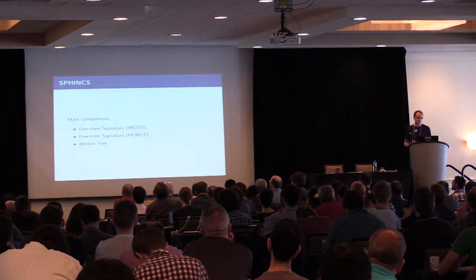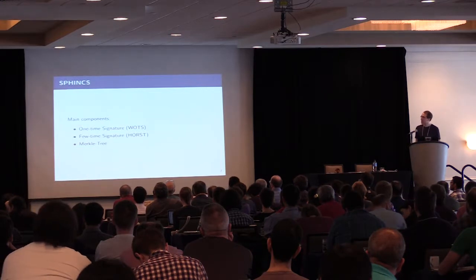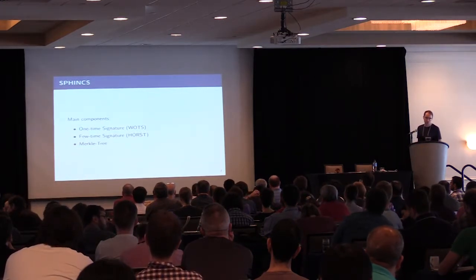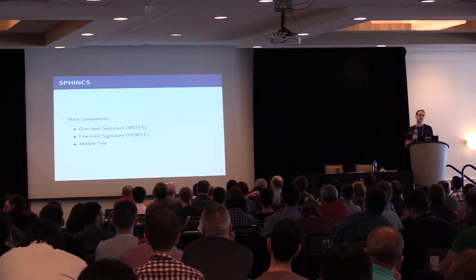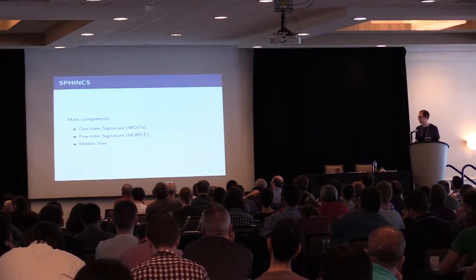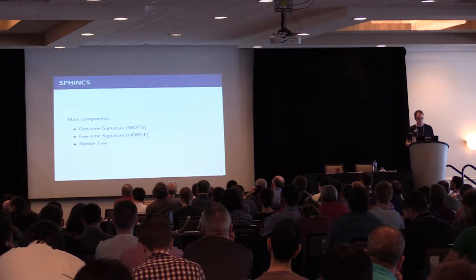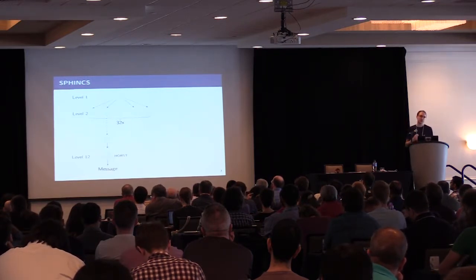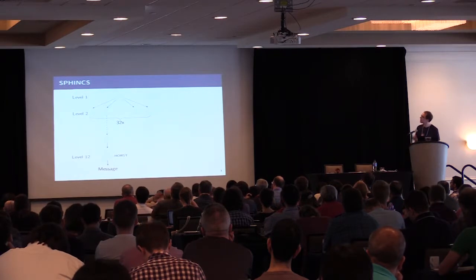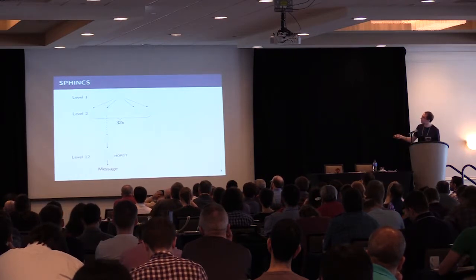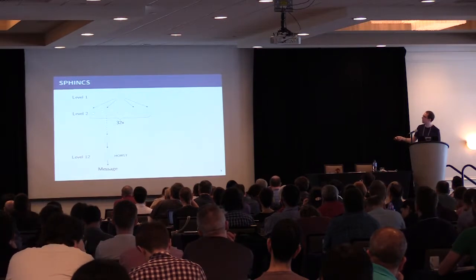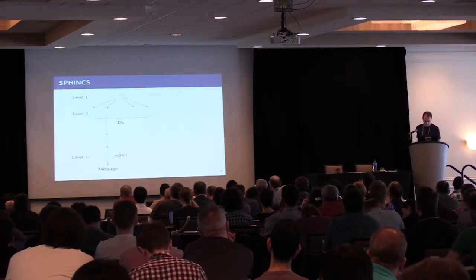You've already seen SPHINCS+ before, so I just want to quickly go over it again. What it really is, we have three main components: a one-time signature, a few-time signature, and Merkle trees. Here is another picture of this virtual tree structure. The basic idea behind SPHINCS+ is we have these Merkle trees, and the leaves are used to sign roots of other Merkle trees.